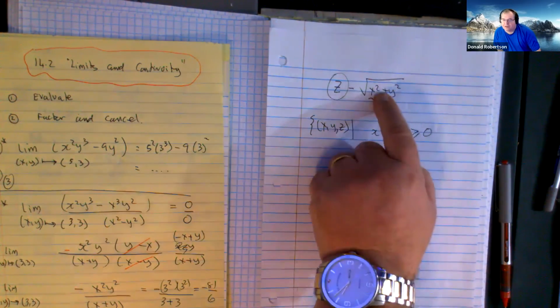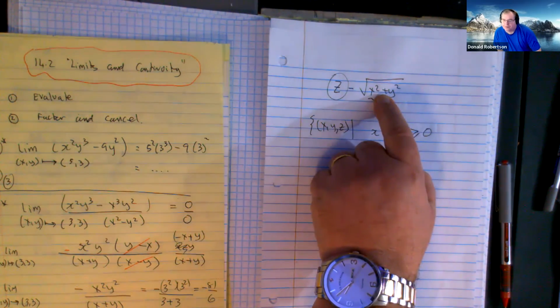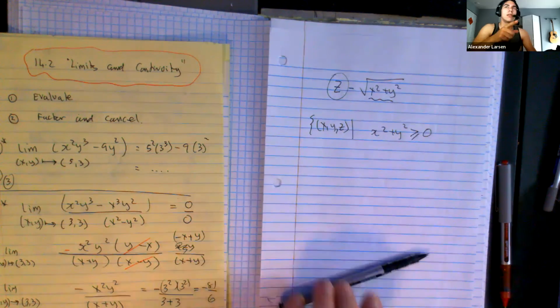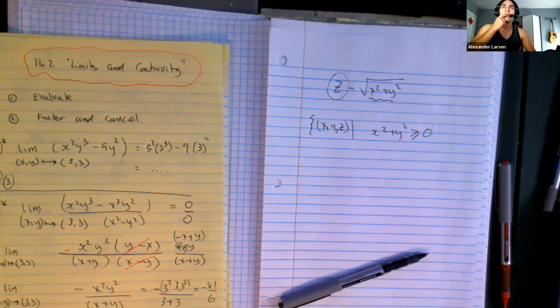The reason is things inside square roots have to be positive. I think for the problem, there's a log sign in the very beginning.